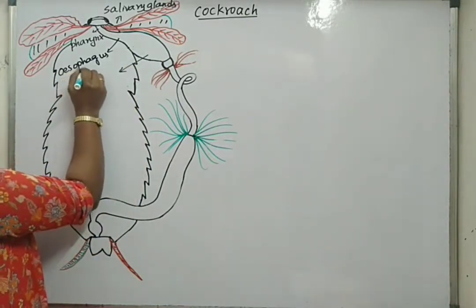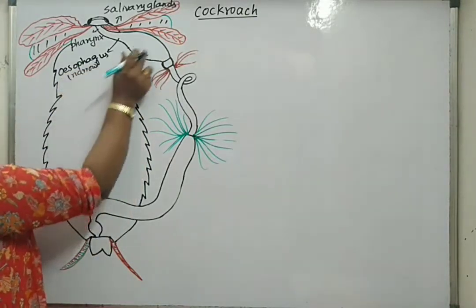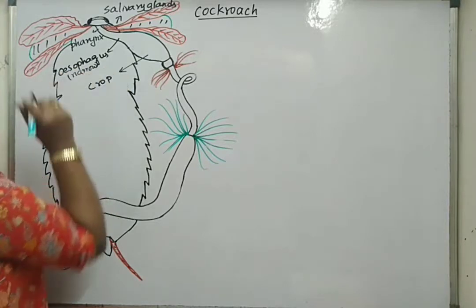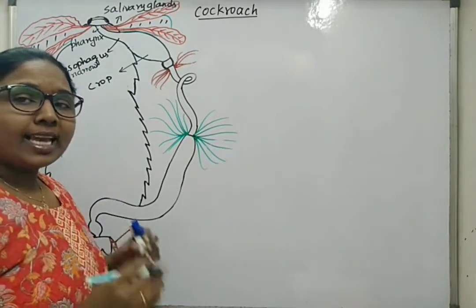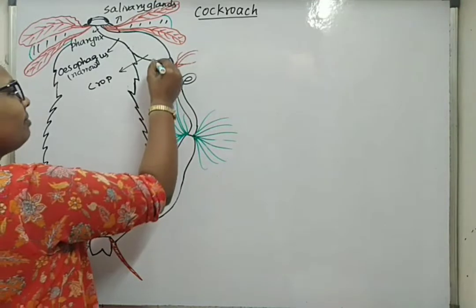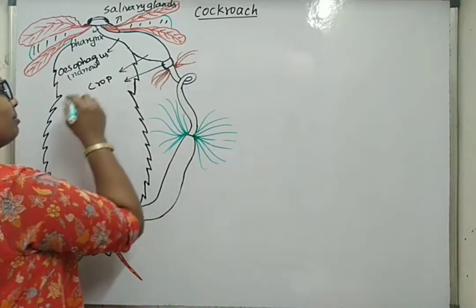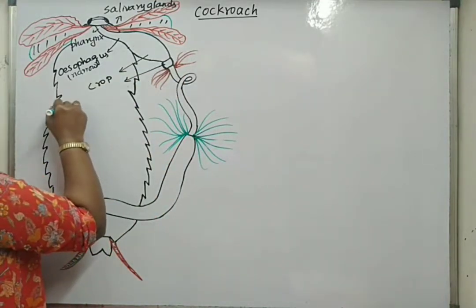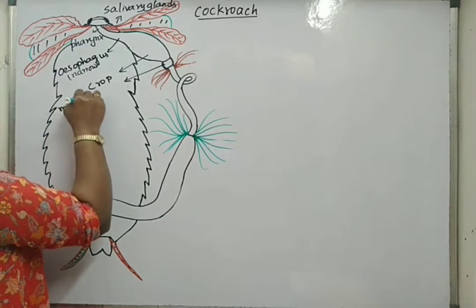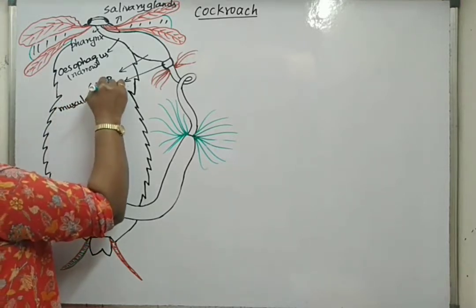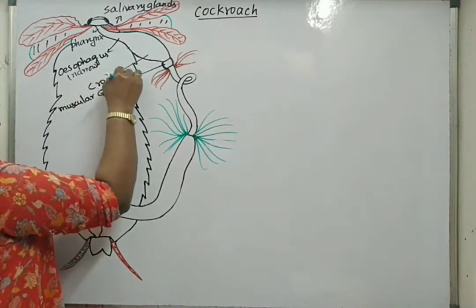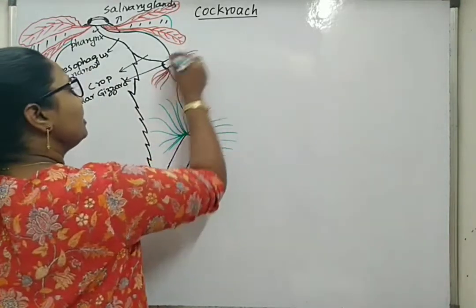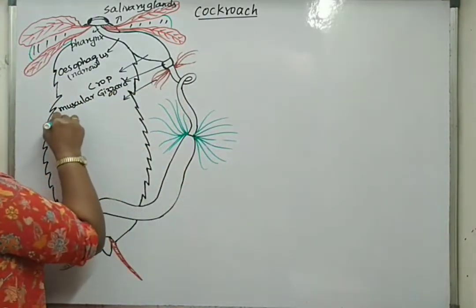Pharynx is narrow in nature, but this area is called the crop. Crop is a broad sac-like structure. Next, this will be the muscular gizzard. These are hepatic caecae.